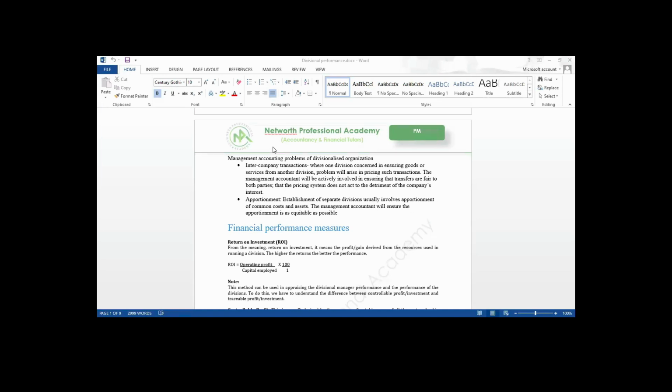Imagine John Oates Yamaha. John Oates Yamaha is into generator sales and maintenance. John Oates Yamaha sells generators to the public, to external customers.